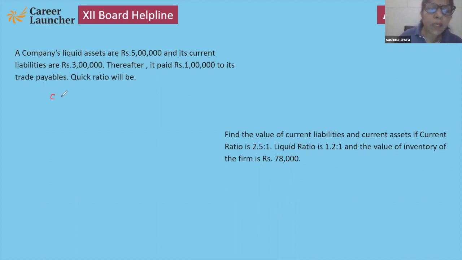So when they paid 1 lakh rupees, cash is going out by 1 lakh rupees. It means the new liquid asset will be 1 lakh minus, so 4 lakh. Now 1 lakh rupees paid to trade payables, so trade payables also reduced by 1 lakh. It means current liabilities also reduced by 1 lakh.